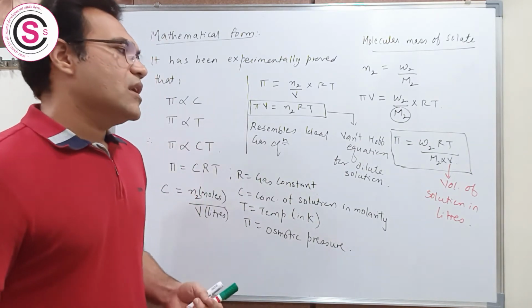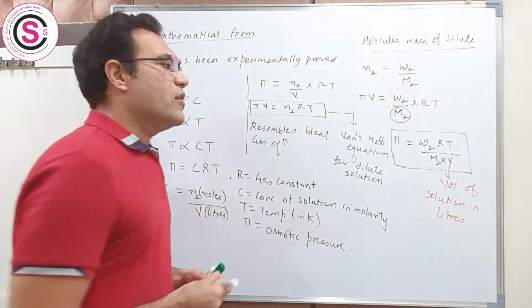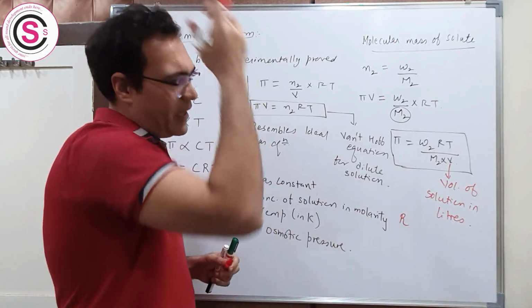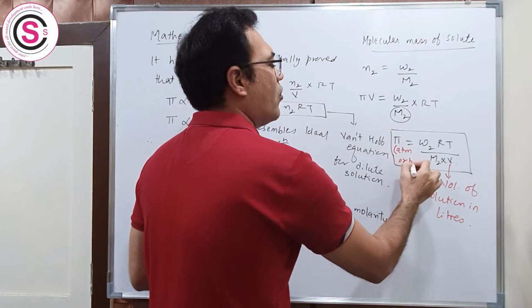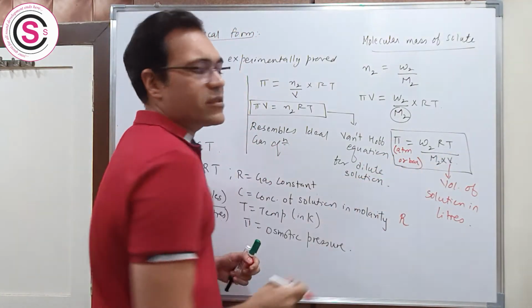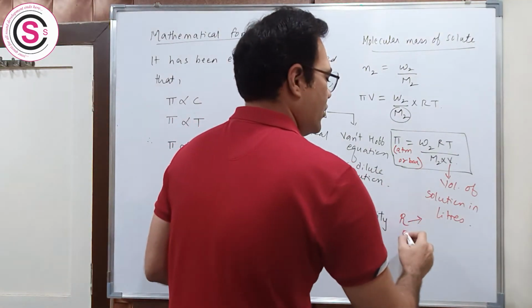One more thing, students, which is again a matter of confusion for most of the students: what value of R should be taken here, right? Now that depends. Your osmotic pressure can be in atmosphere or it can be in bar. Volume is compulsorily in liters. So students, R can be taken here in two ways.